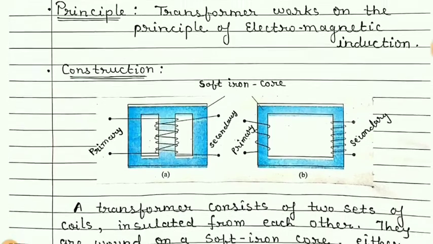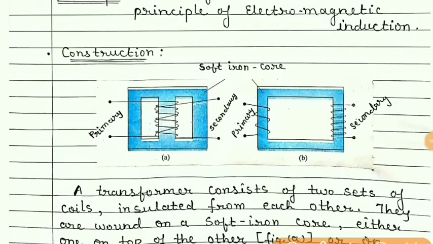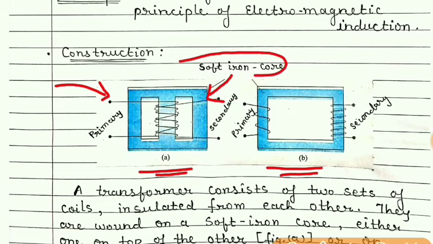Now about construction. Students, here two ways of constructing a transformer are shown. There is a primary coil and a secondary coil which are wound over a soft iron core.